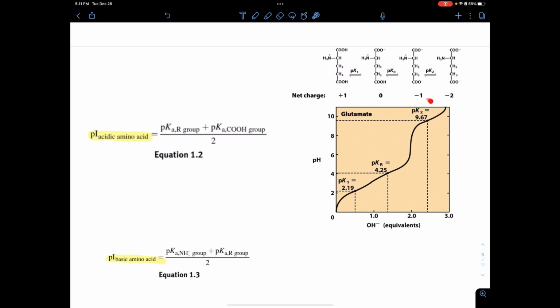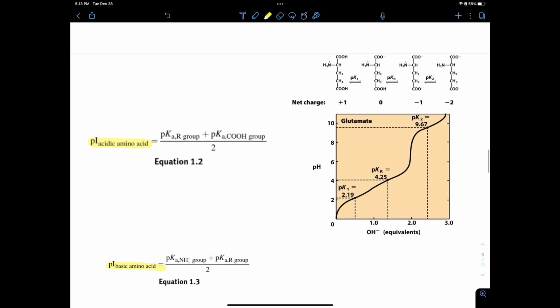Then we have pKa2, the pKa of the amino group, at 9.67. What that means is that if the pH goes above 9.67, the amino group will lose the hydrogen that it has. The same goes for the R group and the carboxyl group. We have the equation for both of them right here. This is for the acidic amino acids, and this is for the basic amino acids.